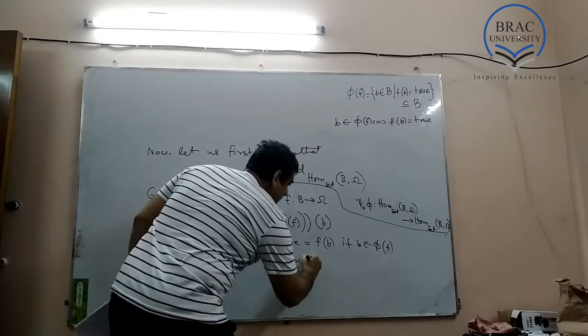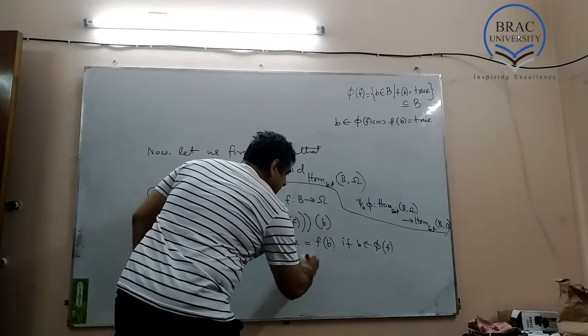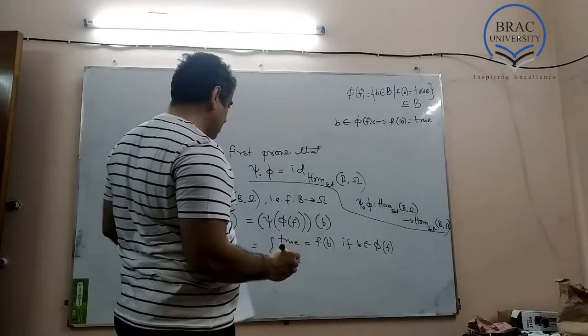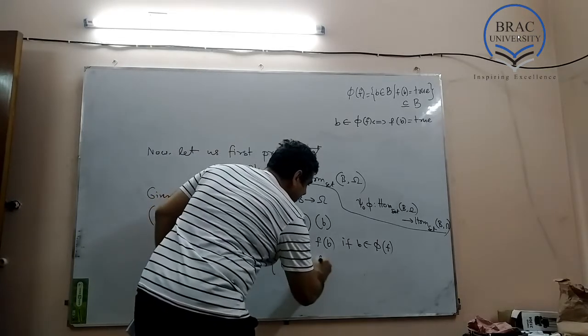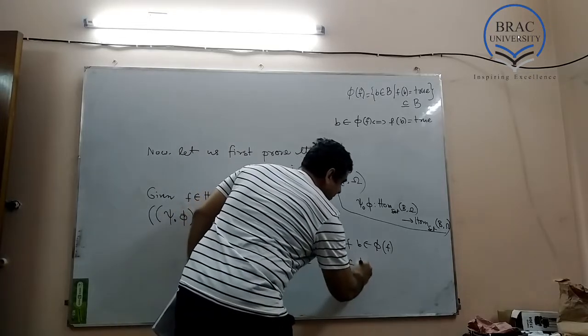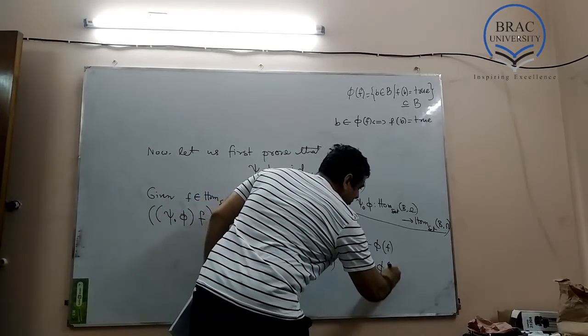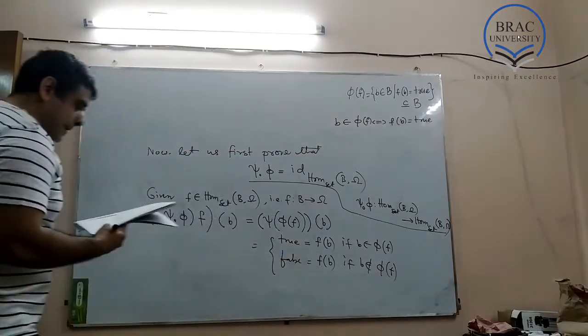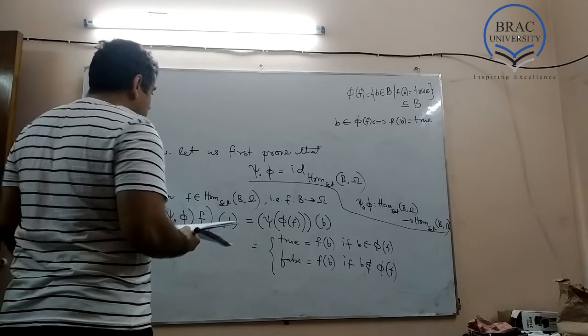FB is false if B is not in phi of f. This follows from this definition. All right. So what did we get?